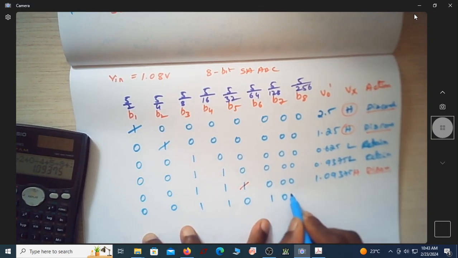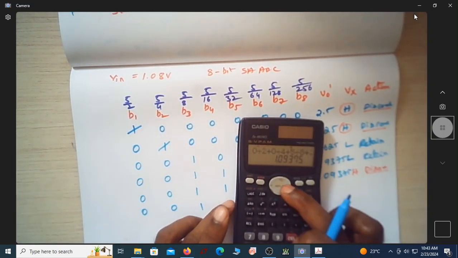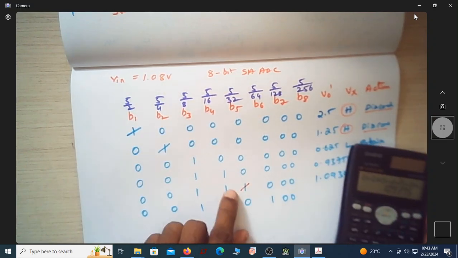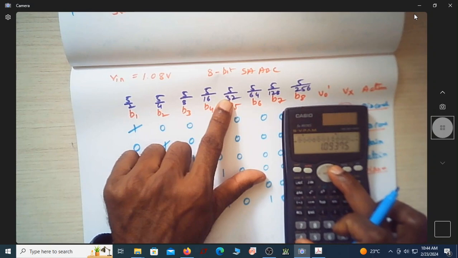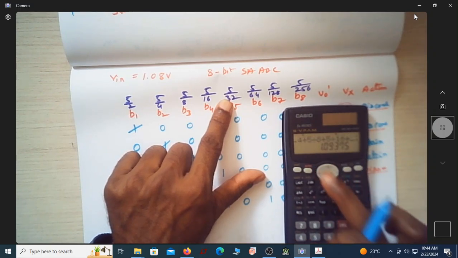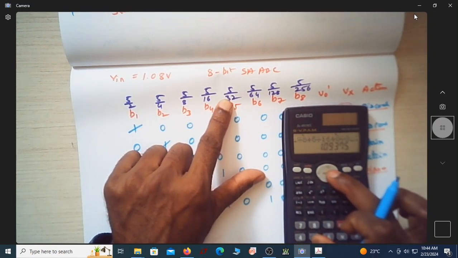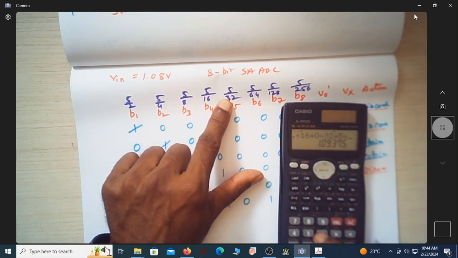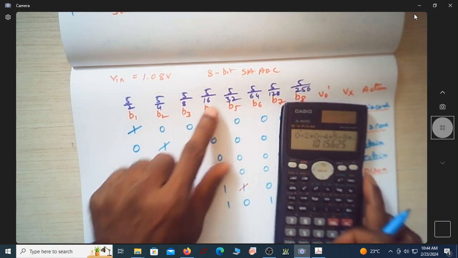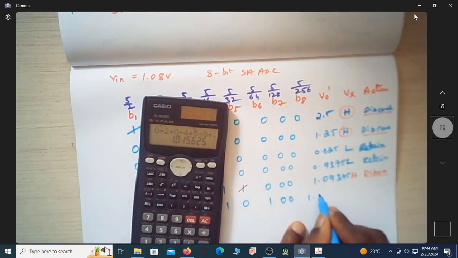Now, the last 5 by 32, I'll make it as 0 by 32. Next I'll add the next one, it is 5 by 64. If I make it 5 by 64, now you can see it is 1.0156.